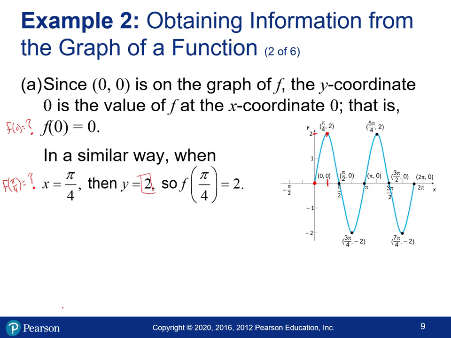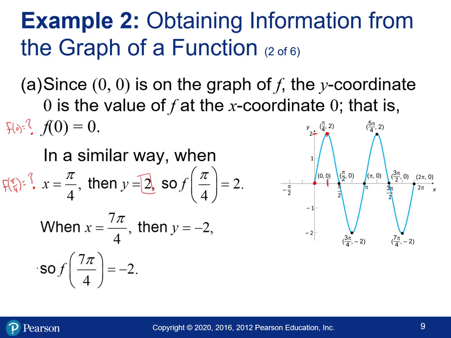And then the next one, the last one from part A, said f of 7 pi over 4 was the question. So when you translate that, it says when x is 7 pi over 4, what is y? So 7 pi over 4 is right here on the x-axis. Notice where it's at. And then you go down to your graph, the point is here.